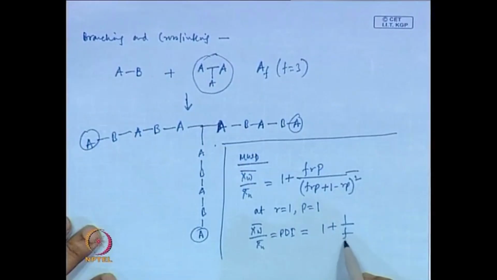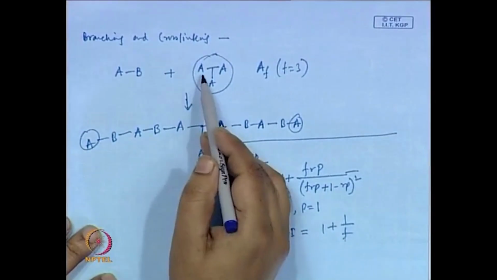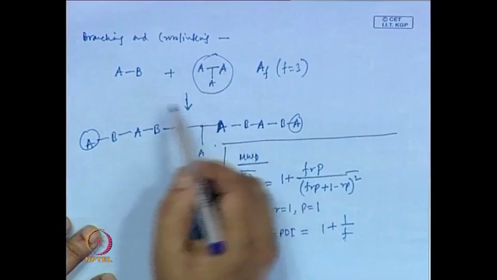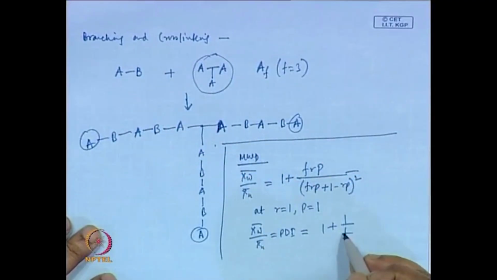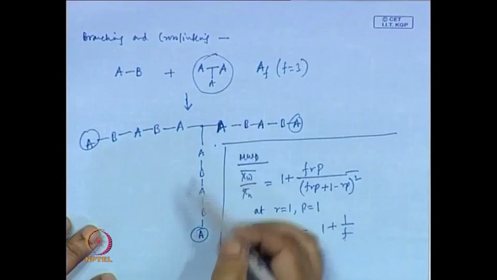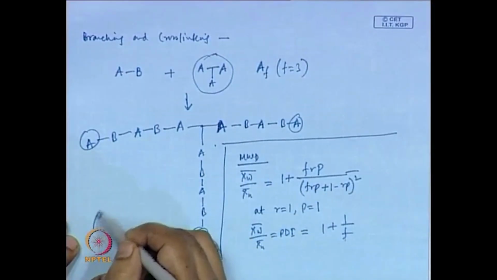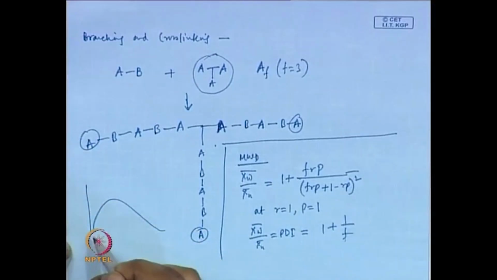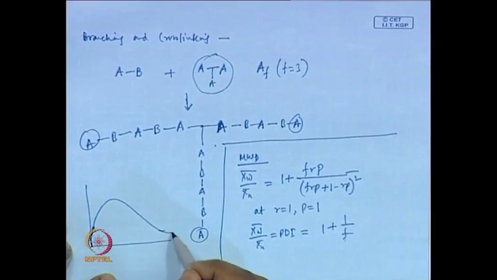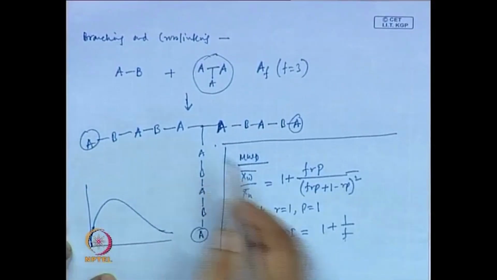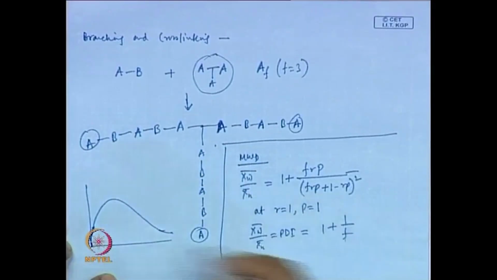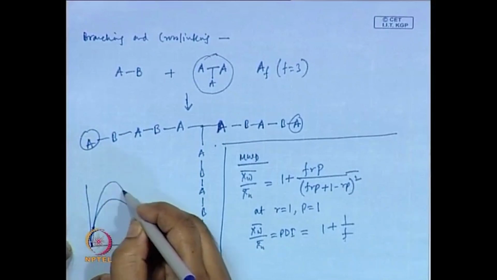If f is 2, which is basically A and A, then it will be a much narrower distribution. If f is 1, the distribution is like this; if I increase f, then it will be narrower.